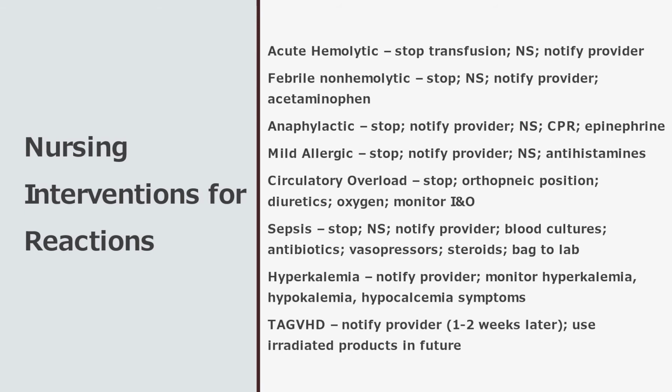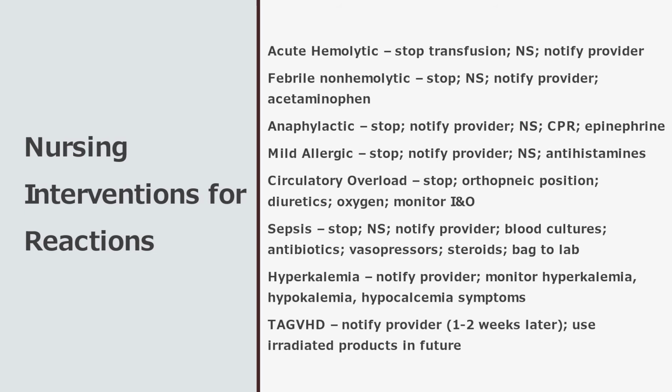You don't start normal saline through the same tubing because that 10 cc's of tubing of blood that they're having a reaction to, you're now going to give them an extra 10 cc's that they don't need. So completely disconnect it, and reconnect a new tubing for normal saline. Flush the IV site so that hopefully we do not lose IV access because of the inflammation reaction that is going on, and then make sure that you notify the provider.